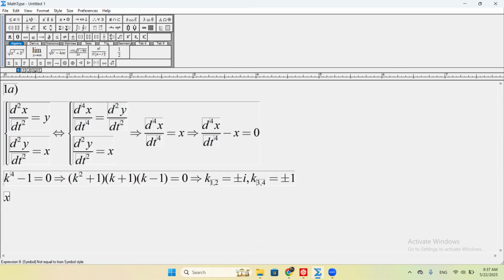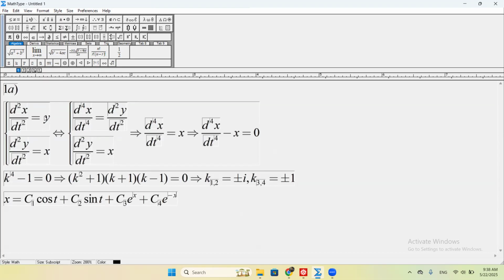So x will be equal to c1 cosine of t plus c2 sine of t plus c3 e to the power of t plus c4 e to the power of minus t.